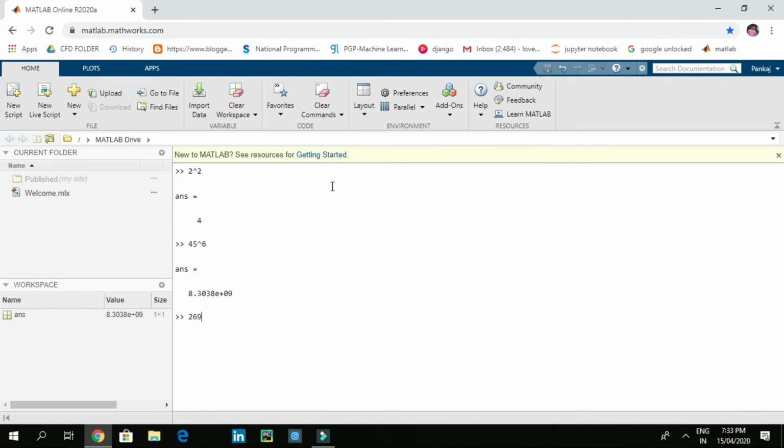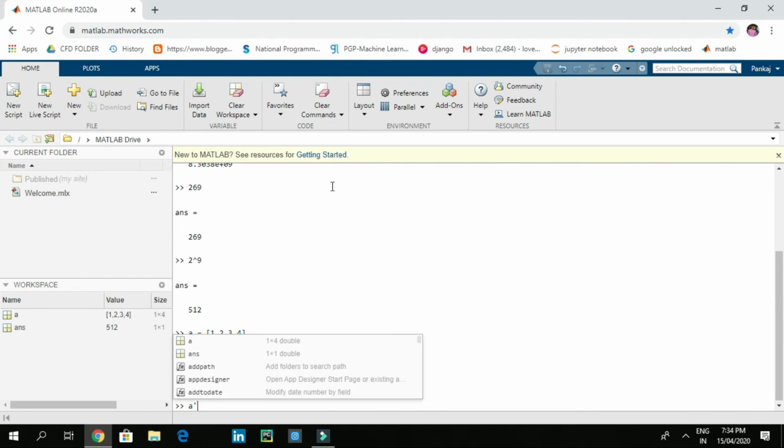So that also gives power of 45, 2 raised to 9, 2 caret 9. So let's give A equal to 1 2 3 4, and let's try a single quote. So it gives transpose of A.